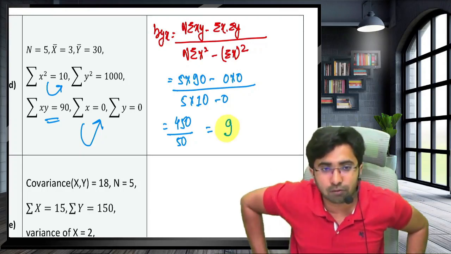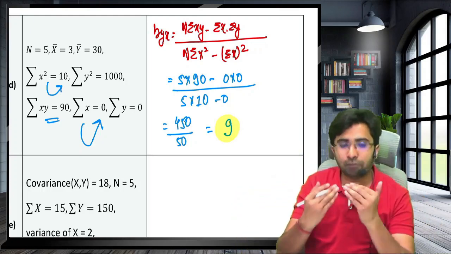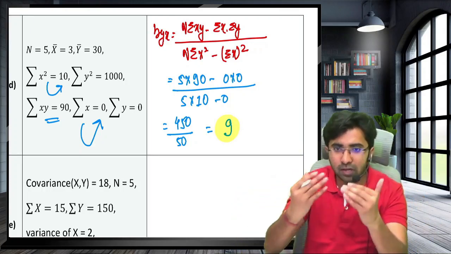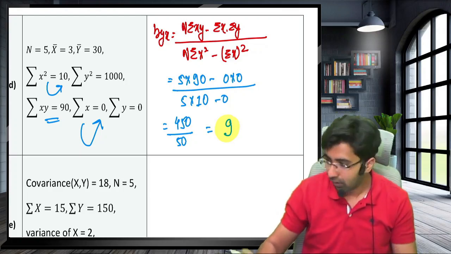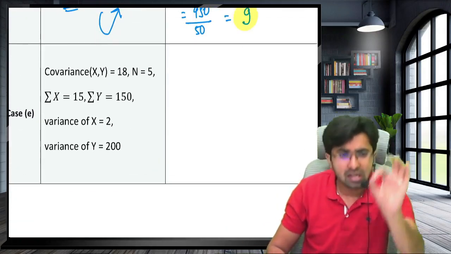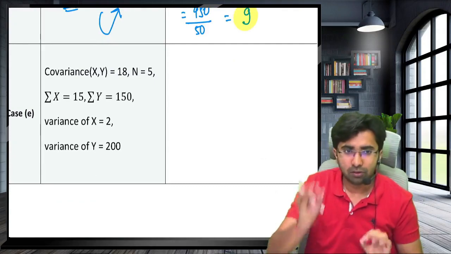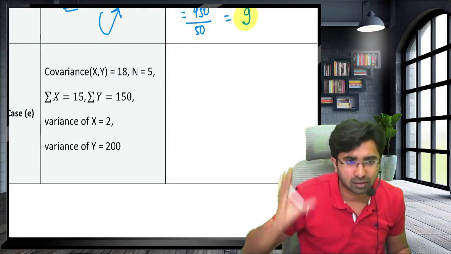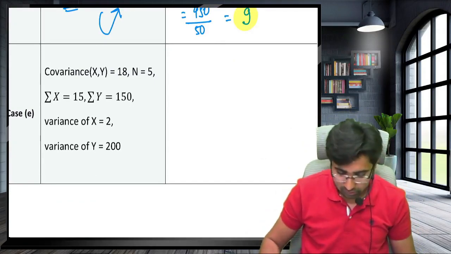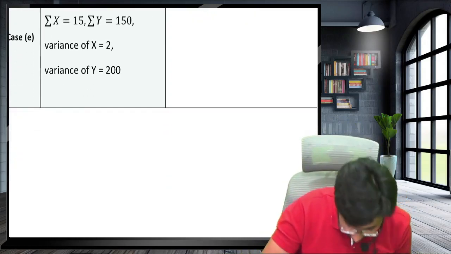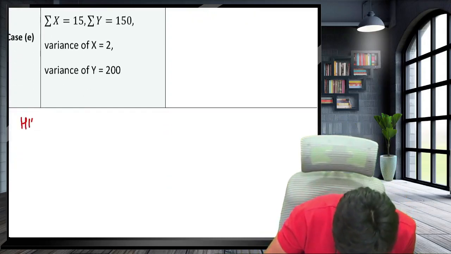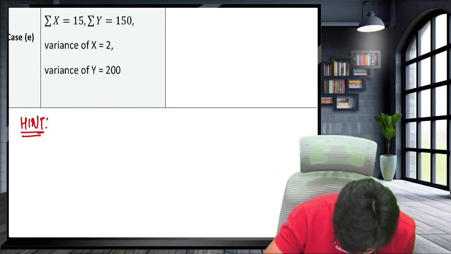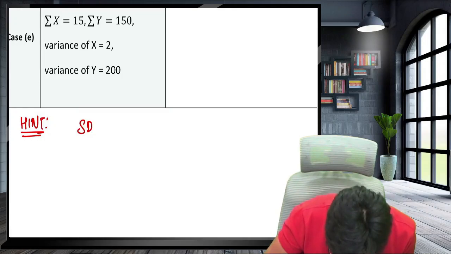Guys, are you done with the formula? Are you getting the confidence in the formula after the practice? Okay, guys, now without making any single mistake, just solve case E. I'm giving you one hint: standard deviation square is equal to variance.